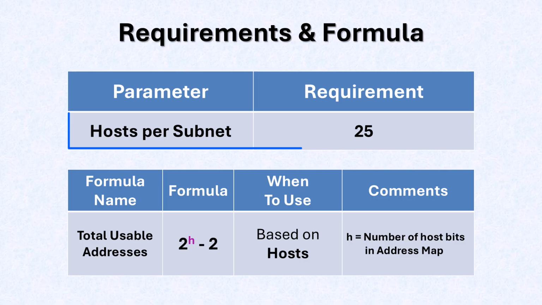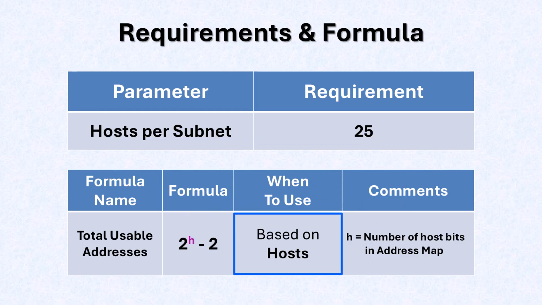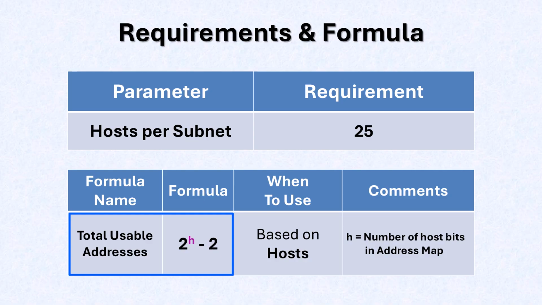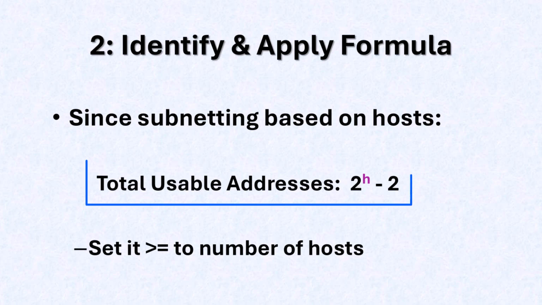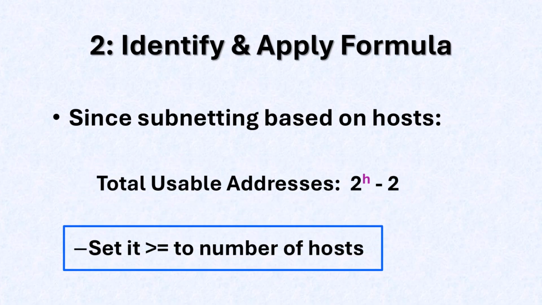In this example, the requirements say 25 hosts per subnet. So we are subnetting based on the number of hosts. This means we will use the total usable addresses formula. We set the total usable addresses formula to be greater than, or equal, to the number of hosts per subnet specified in the requirements.